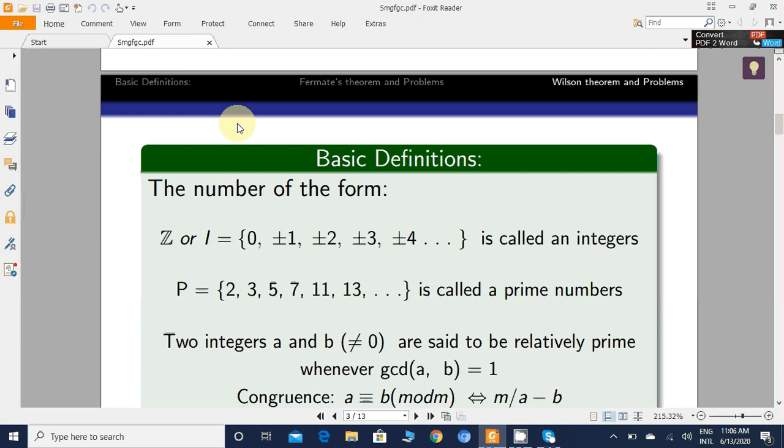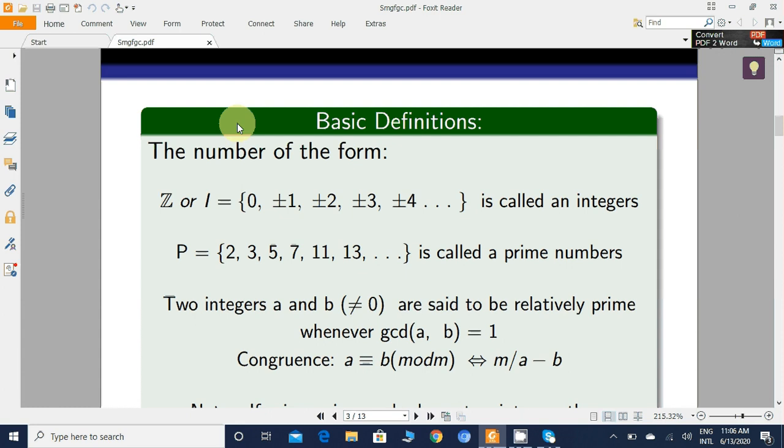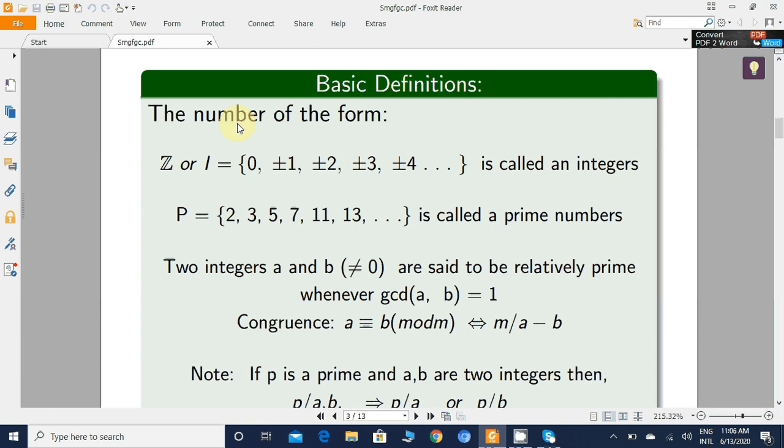Suppose two integers A and B, not equal to 0, are said to be relatively prime whenever the GCD of these two numbers is 1. And one more, congruence.